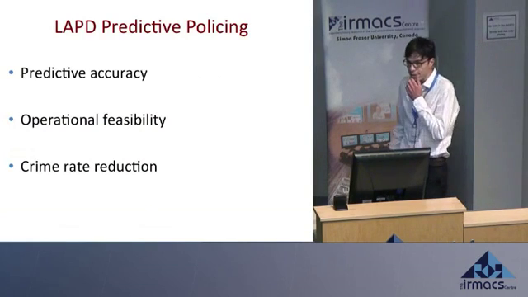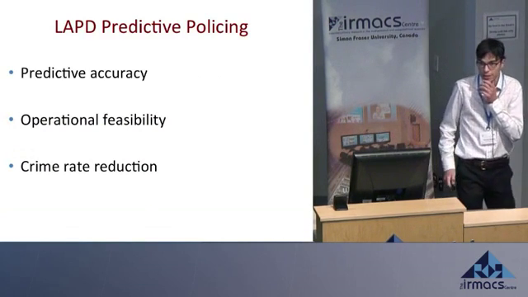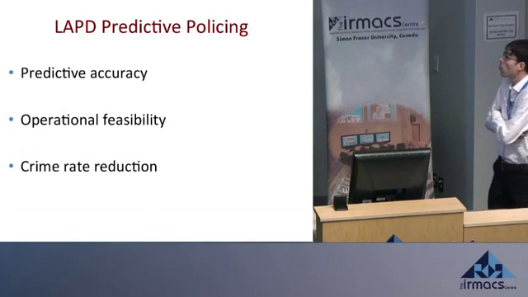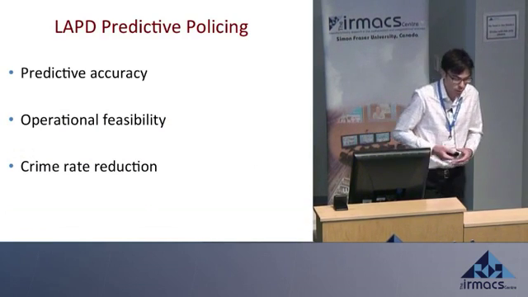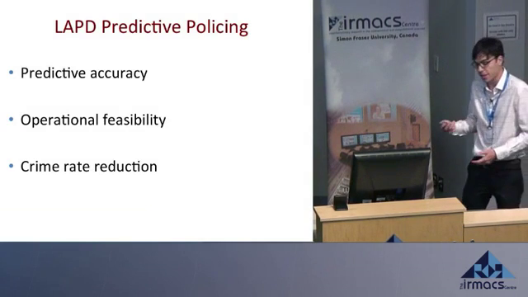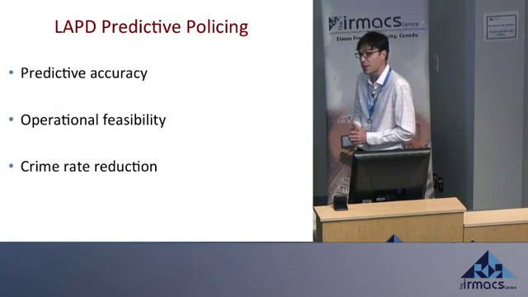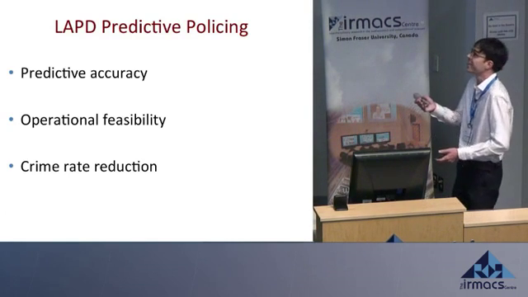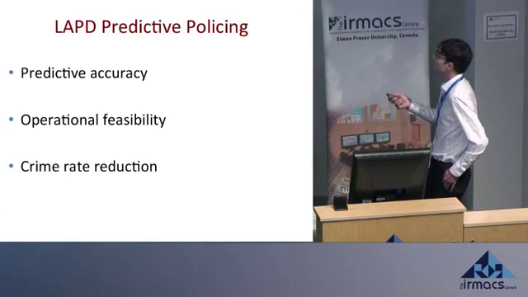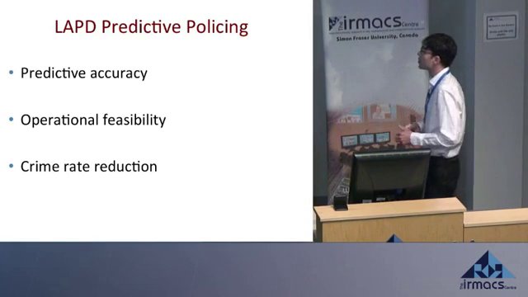We were looking at three objectives in Los Angeles. One is, can you predict better than the analyst? We were pretty sure we would, but this was important for the Los Angeles Police Department to know, because they were a little nervous about handing over their patrols to a computer, understandably so. Second, is it operationally feasible?